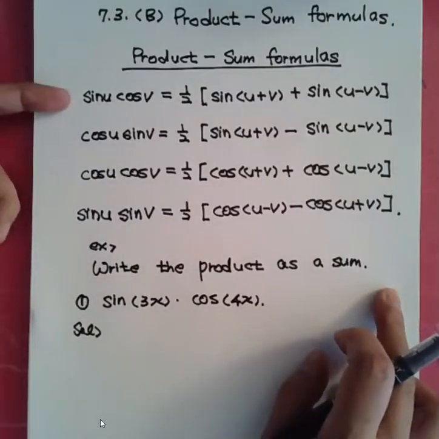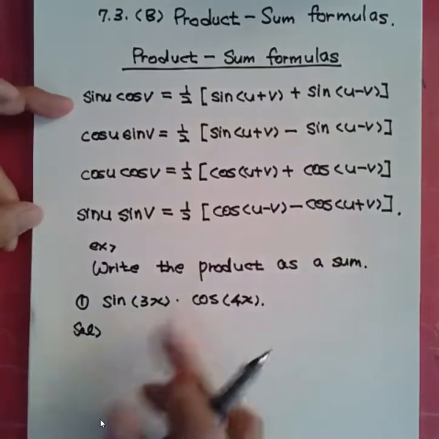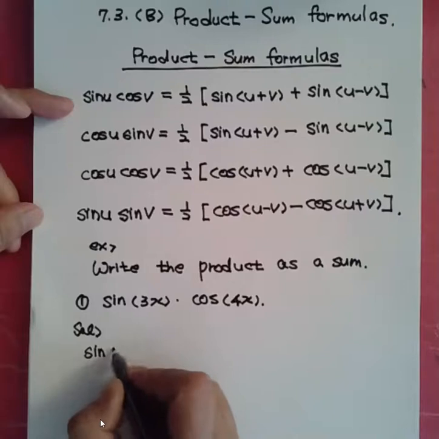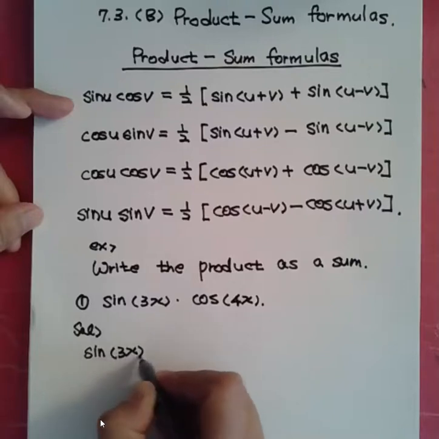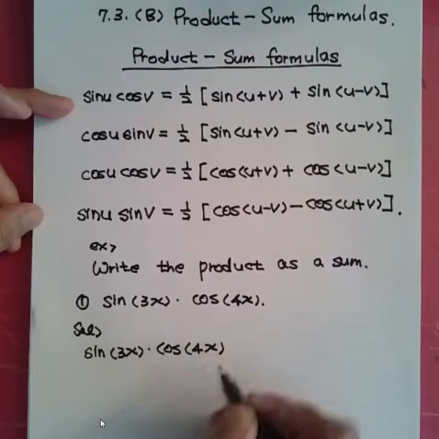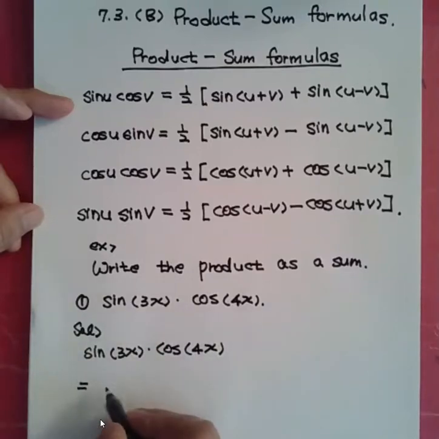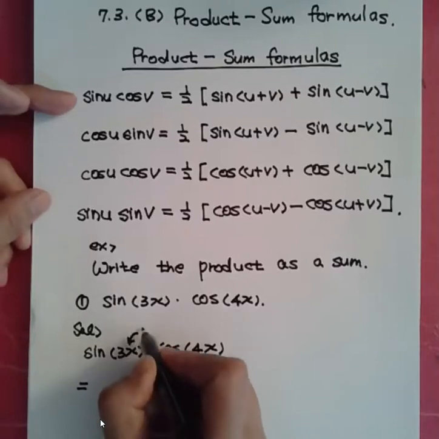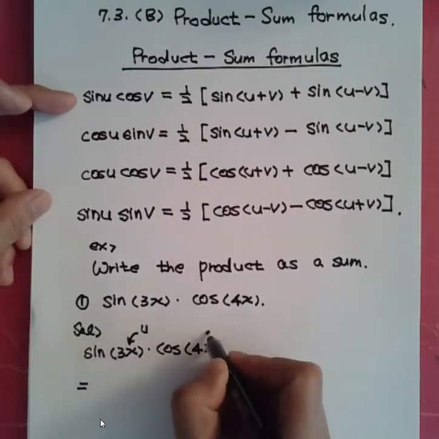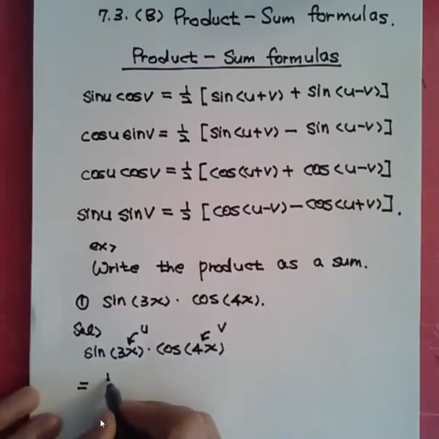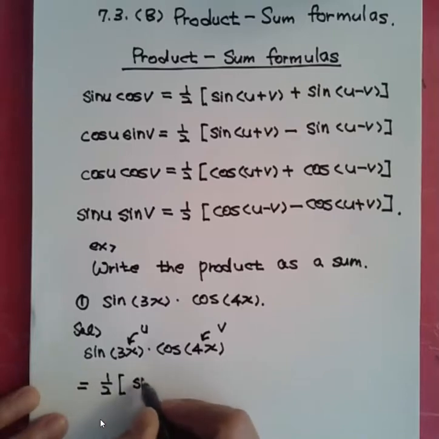We will use this formula. Sine and cosine are multiplied. Then in this formula, 3x is u, 4x is v. Then we will just do substitution.